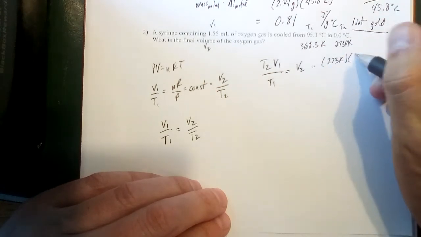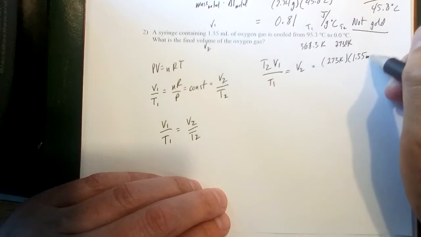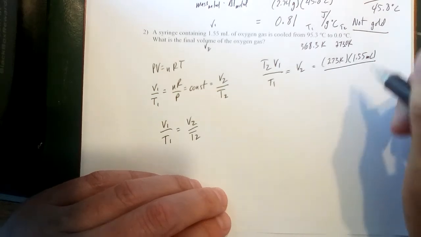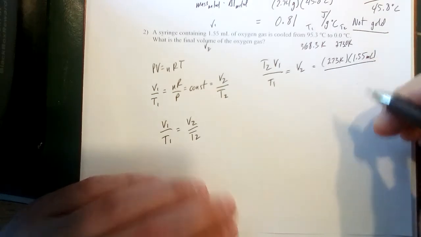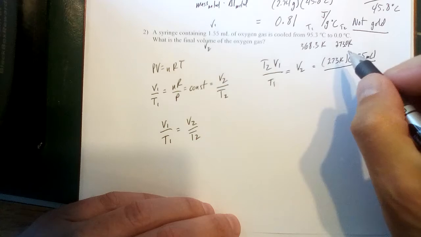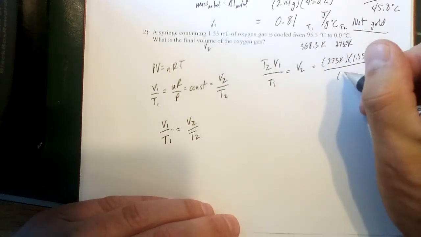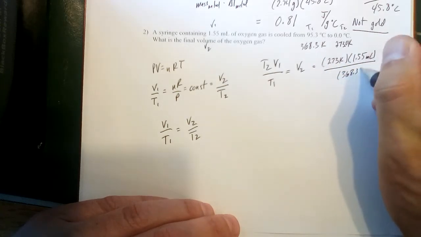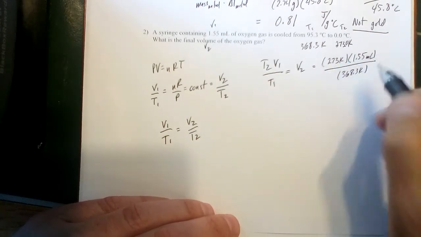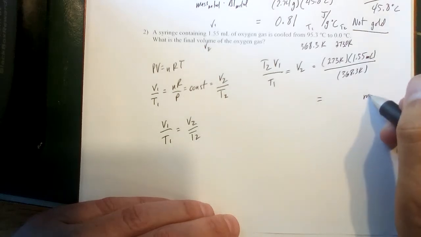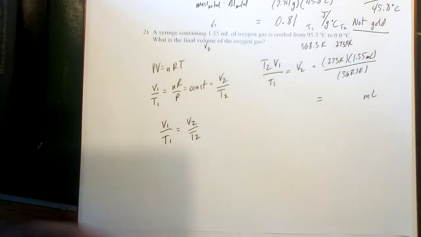Multiply that by the initial volume, 1.55 milliliters. We didn't use R, so we can keep the volume in milliliters. That'll just be the unit that's left over at the end of the problem. Divide by T1, 368.3 Kelvin. Kelvin's going to cancel out. The unit left over will be milliliters.